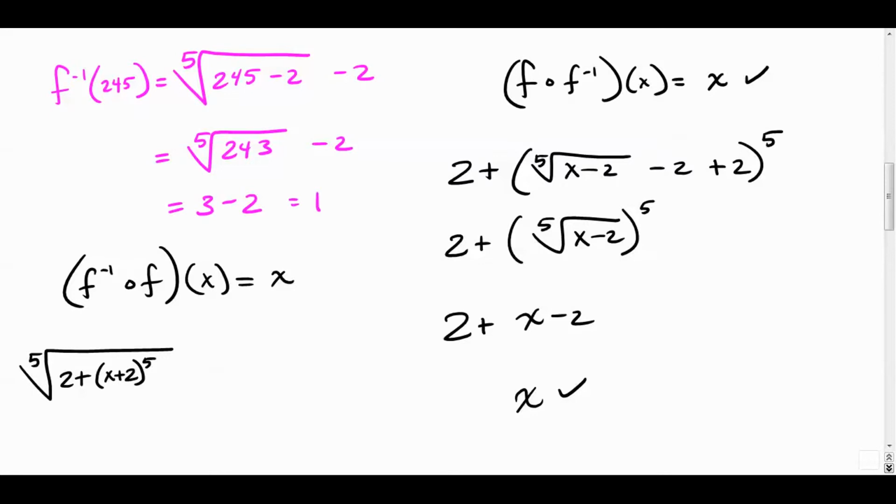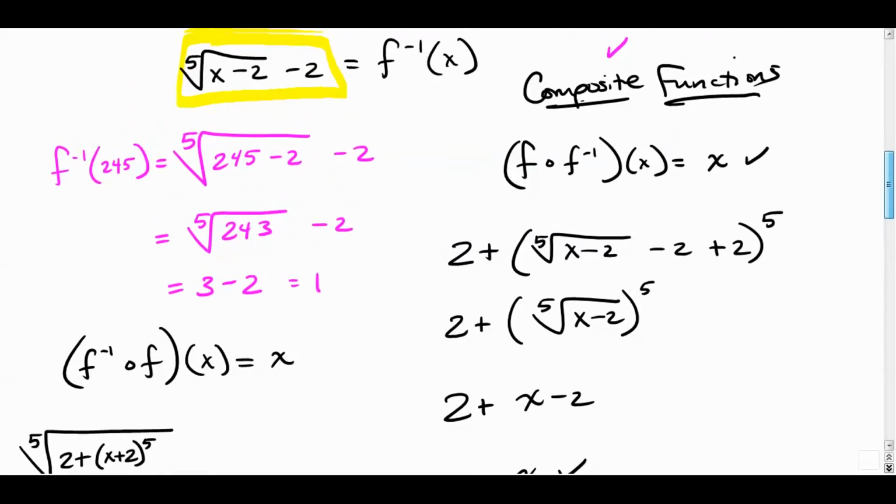And so what I'm doing right now is rewriting the inverse, which is right here in yellow. But instead of that x value, I'm going to put in the function which is right above.